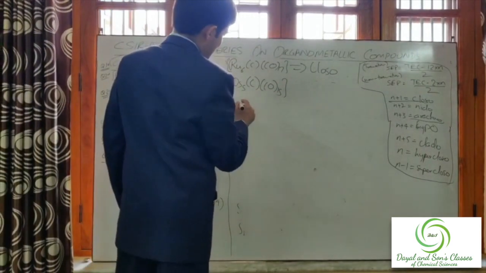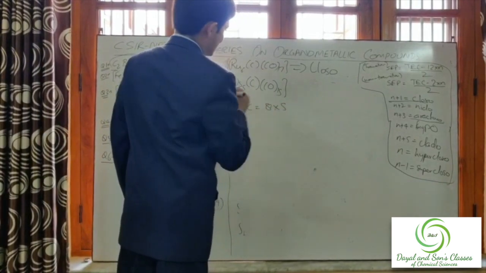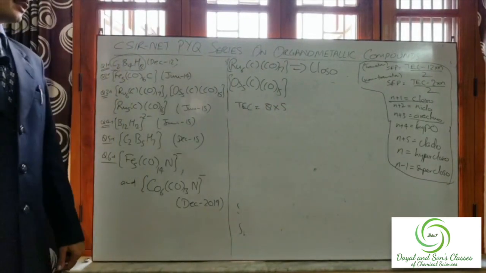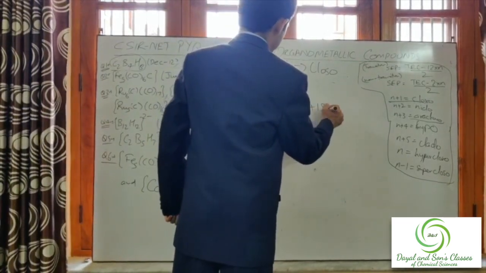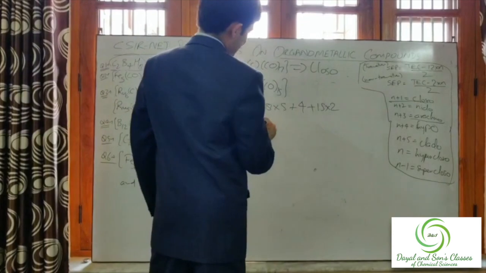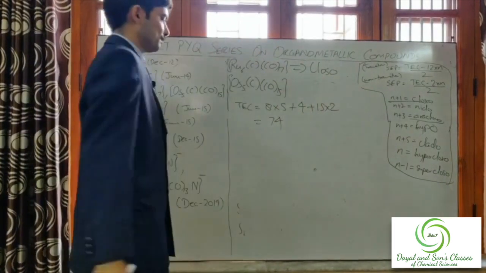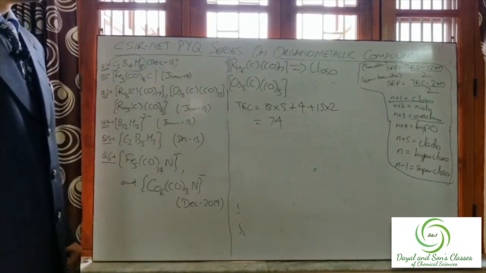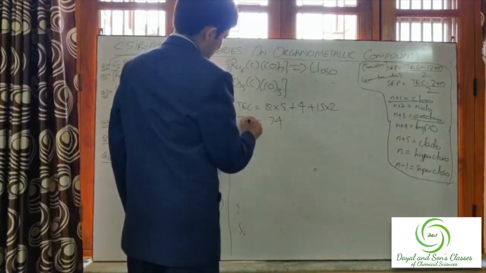It again contributes 8 electrons, so 8 into 5. For carbon 4, and 15 CO will contribute 15 into 2, that is 30. Total again comes out to be 74.